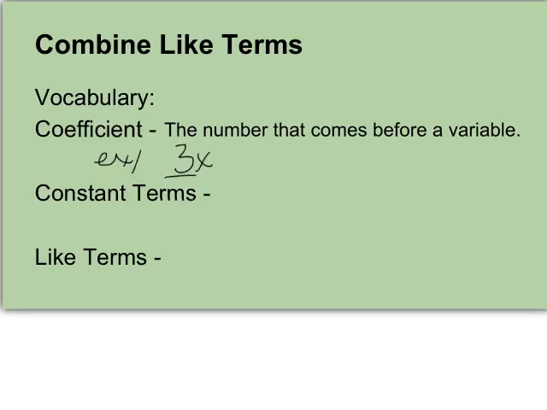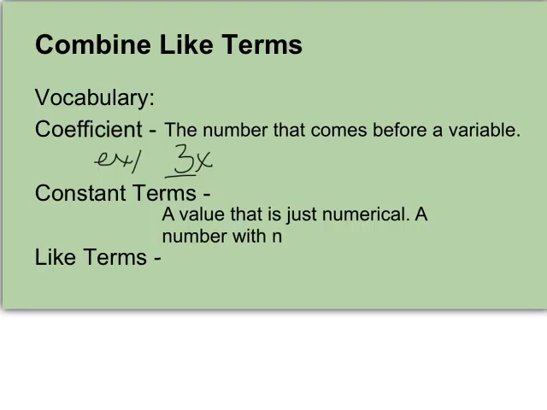Constant terms. A constant term is a value that is just numerical, meaning a number with no variable attached to it.